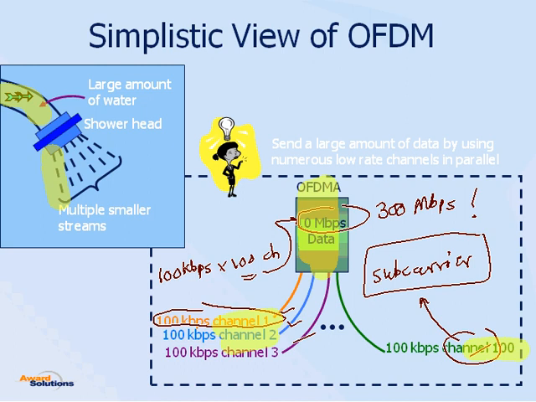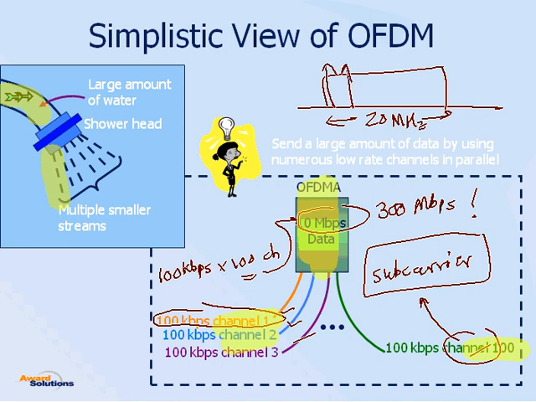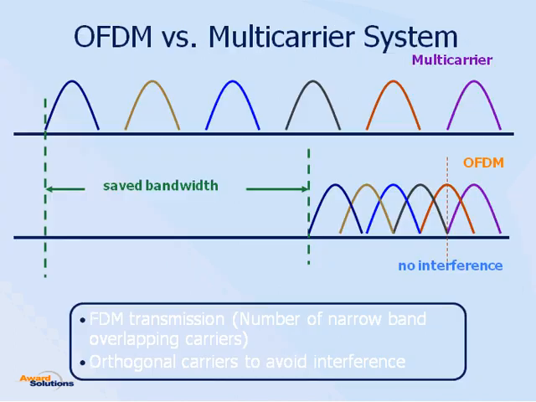So if I have some spectrum, let's say I have 20 megahertz spectrum, then I would divide the spectrum into many hundreds of subcarriers, and each subcarrier will carry some data. That's the basic idea. So it means that we have multiple carriers, multiple subcarriers.